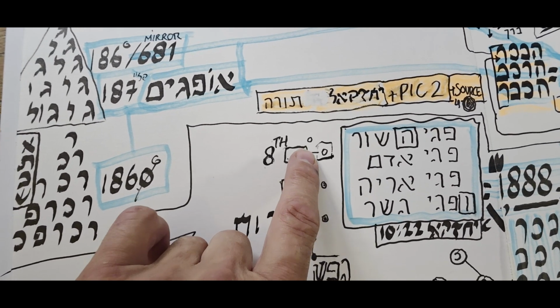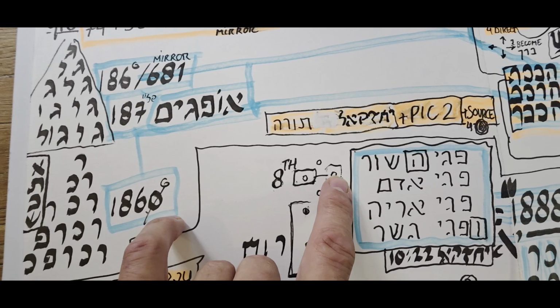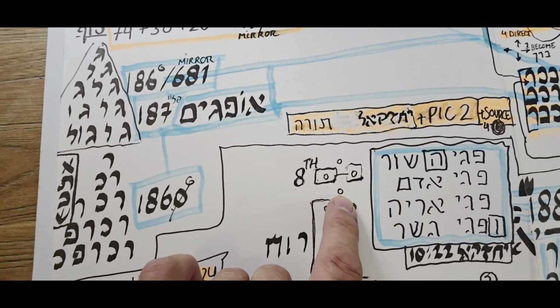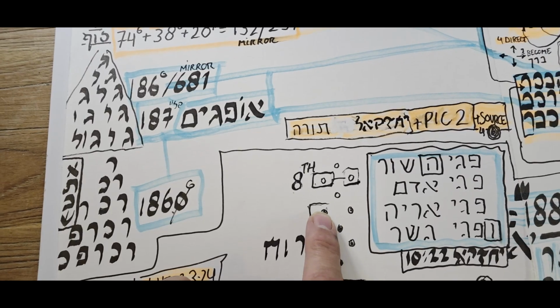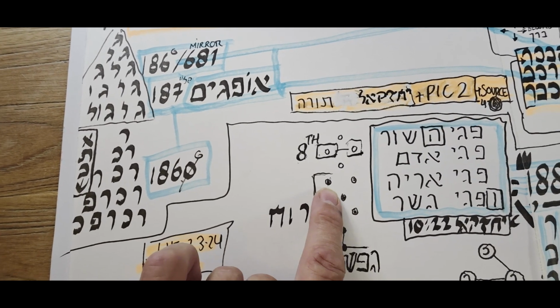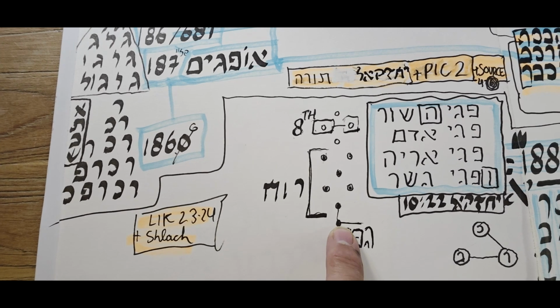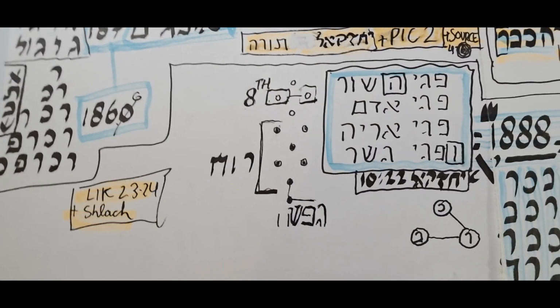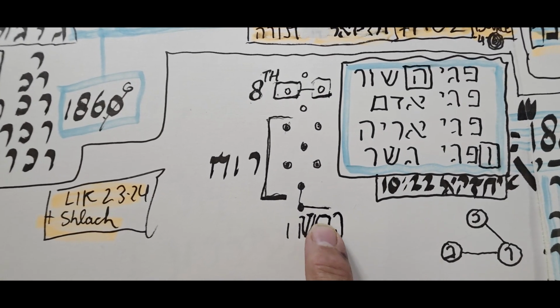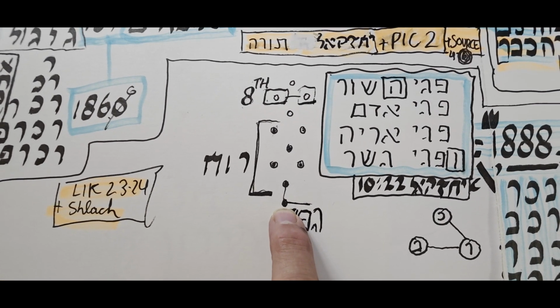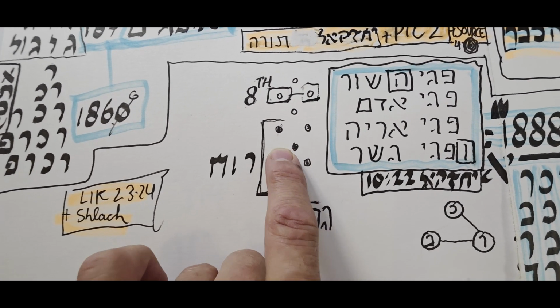If we look at a full tree, you'll have Abba, the elder, and Ima, father and mother. We have the son, Zeir Anpin, and we have Bat, the daughter, which is then the Nukva in Malchut. So that makes a whole family.